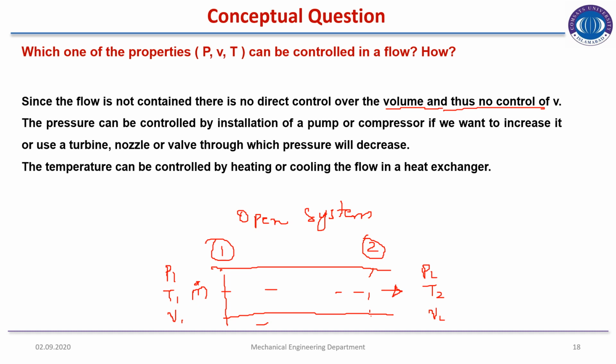So we can say that volume is not controlled. However, the pressure can be controlled by installation of a pump or a compressor. So if you want to control pressure, you should install a pump or a compressor.